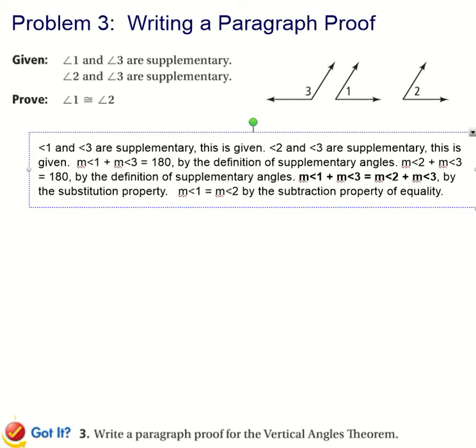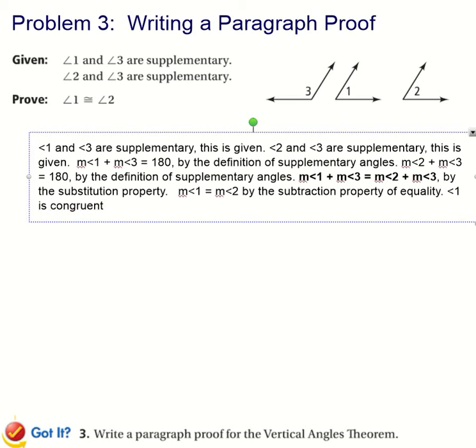So now we have that the measure of angle 1 equals the measure of angle 2. And remember, if the measures of two angles are equal, that means that the angles are also congruent. So we can now say that angle 1 is congruent, and I can't do that congruent symbol, so I'm just going to write congruent to angle 2, because angles with the same measure are congruent.